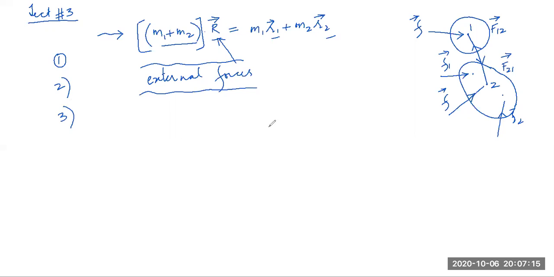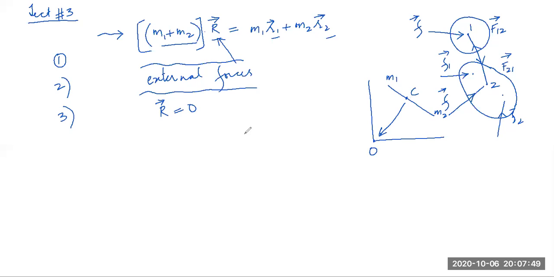Third point, students: imagine the center of mass of the two particles were at the origin. The center of mass was here, on the line joining M1 and M2. We are going to prove this also, that the center of mass of a two point system is always on the line joining M1 and M2. But apart from this, if this C is at the origin, then immediately we can say the position vector of the center of mass will be 0.